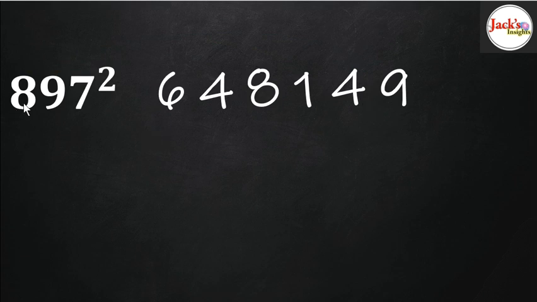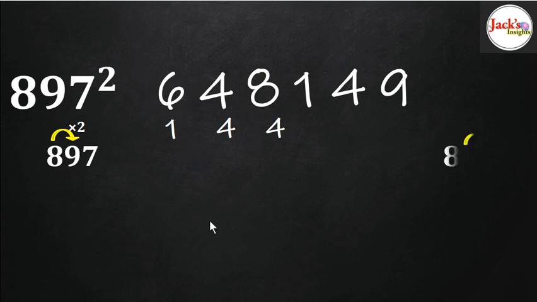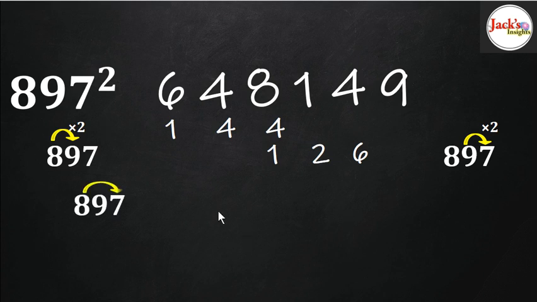So multiply 8 and 9. 8 times 9 is 72, times 2, that is 144. And then multiply 9 and 7, that is 63. 63 times 2, we have 126. Okay, then multiply 8 and 7. 8 times 7 is 56, times 2, so we have 112.